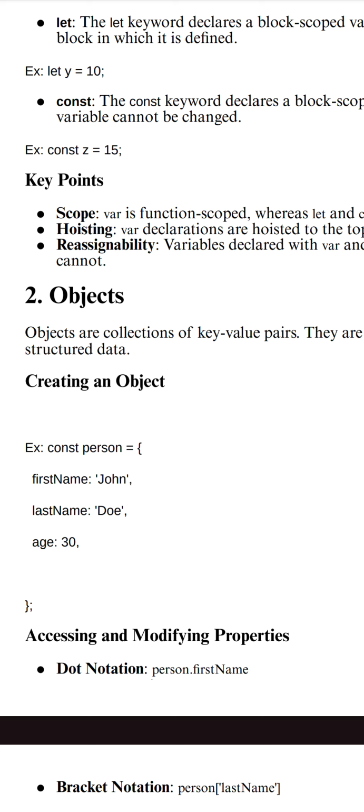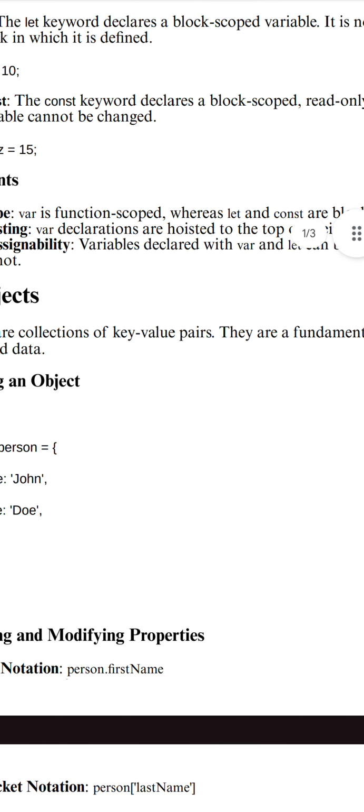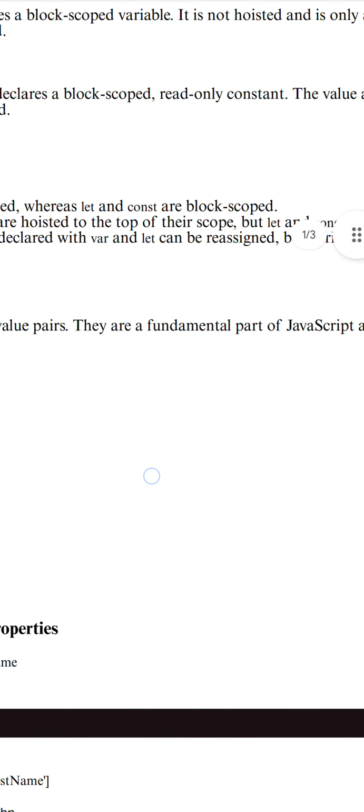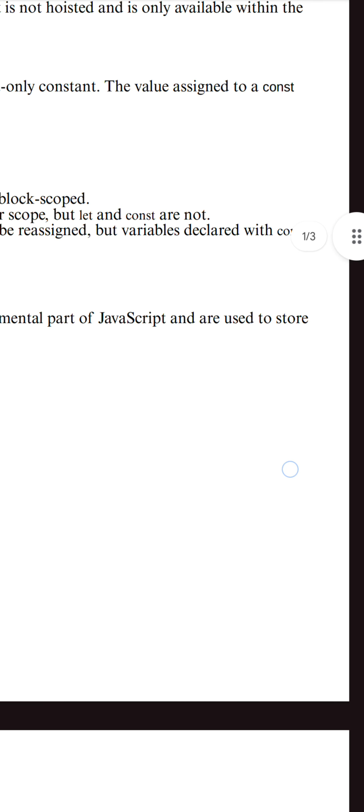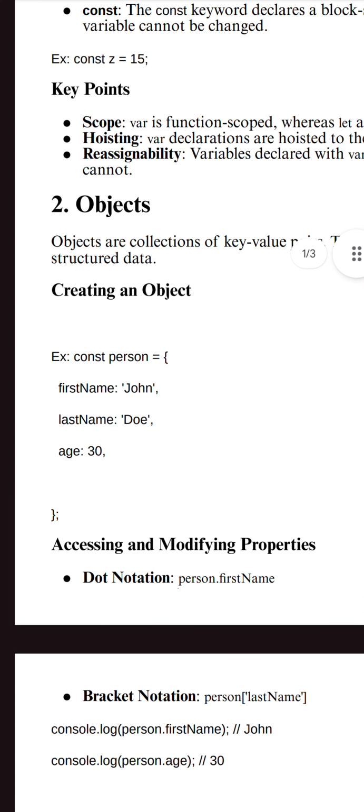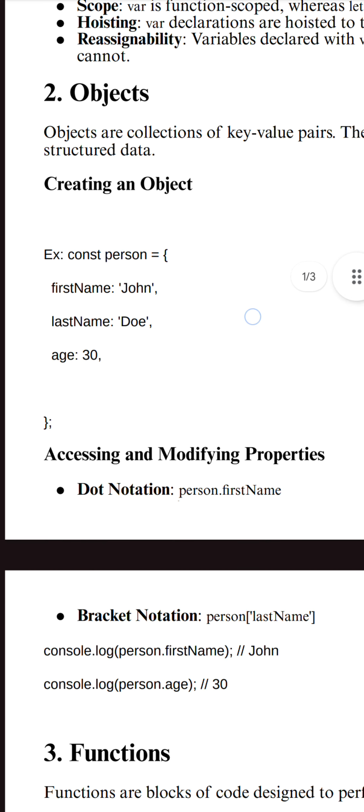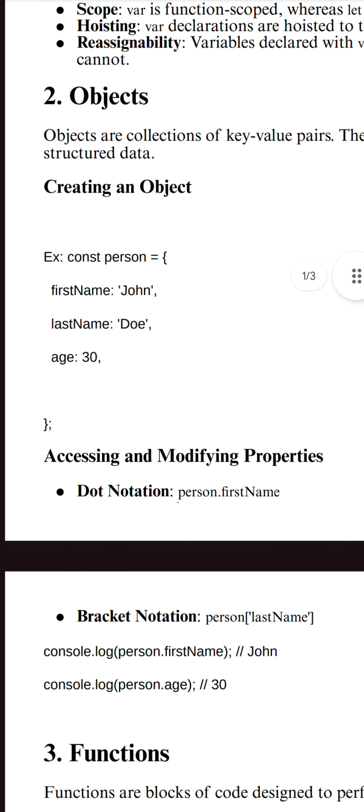Next, coming to objects. Objects are collections of key value pairs. They are a fundamental part of JavaScript and are used to store structured data. For example, now if we take an object called person, we declared that object using the constant keyword, and we gave the name person to that object.